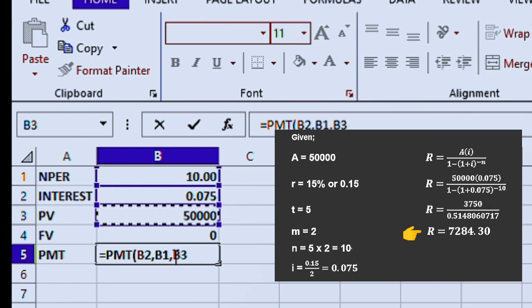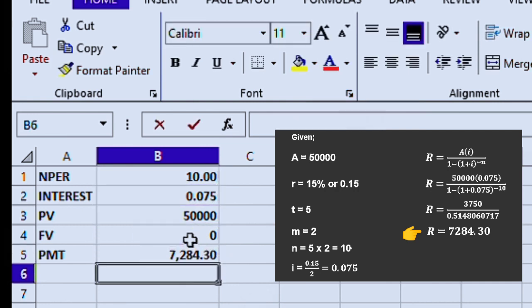Let's put a negative sign beside the PV to get a positive answer in our regular payment, comma, the future value, comma, then type 0 for the end of the period. Then close parenthesis, click enter. So that's all. Our answer is correct.